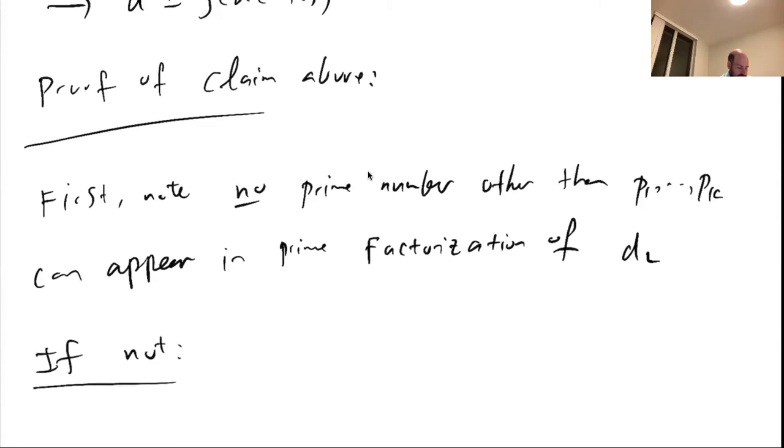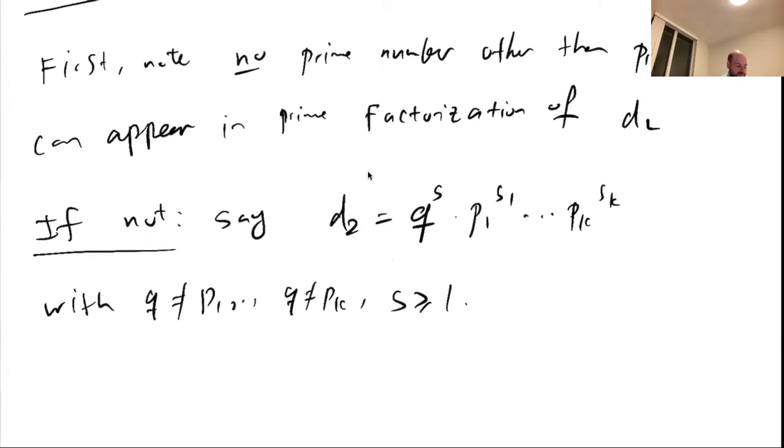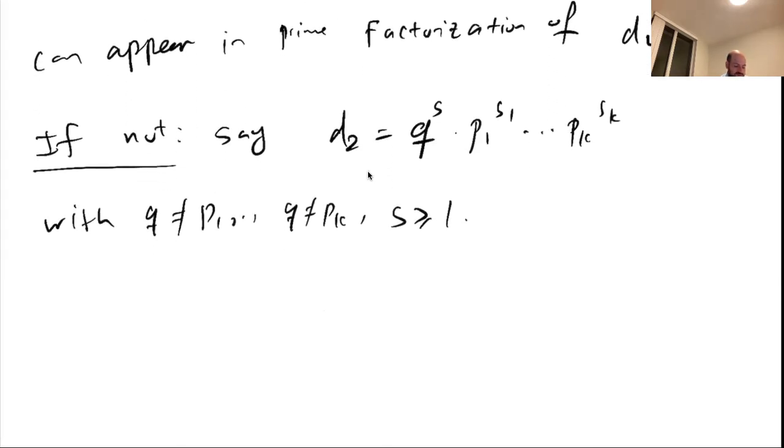If not, say, for example, D2 is equal to Q to some power S, times P1 to power S1, Pk to power Sk, with Q not equal to P1 and Q not equal to Pk, and S bigger than or equal to 1. So if some other prime number appears for D2, then this will not be possible.